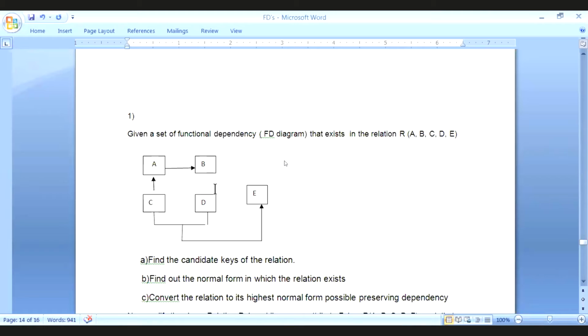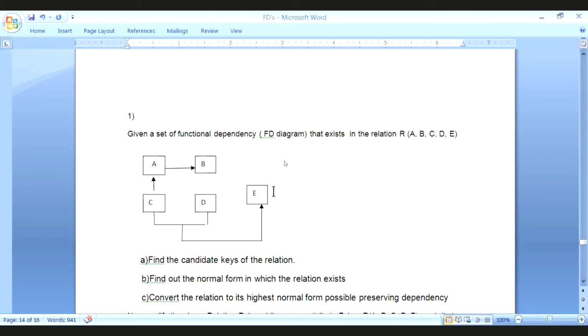We have studied functional dependencies, functional dependency closure, that is F plus, canonical cover, axioms, attribute closure, and how to find candidate keys. We have studied normalization: 1NF, 2NF, 3NF, BCNF, and 4NF. We know the decomposition rules, that lossless and dependency preservation should be there. We came to know about MVDs and what a trivial MVD is.